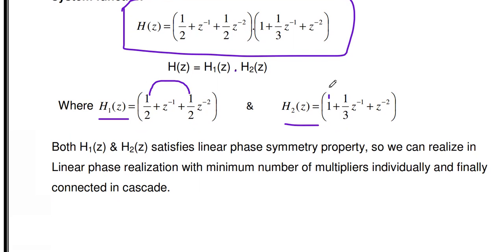Similarly, in h2 the first coefficient 1 and the last coefficient 1, it satisfies, the center value is different. Okay, so yes, the h1 of z and the h2 of z satisfy the linear phase symmetry property. So we can realize the h1 of z, h2 of z in linear phase realization with minimum number of multipliers individually. And finally, we have to connect it in cascade.